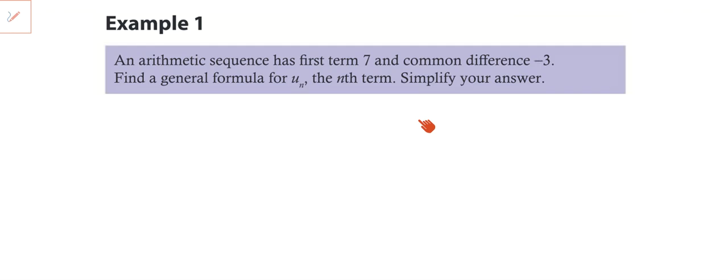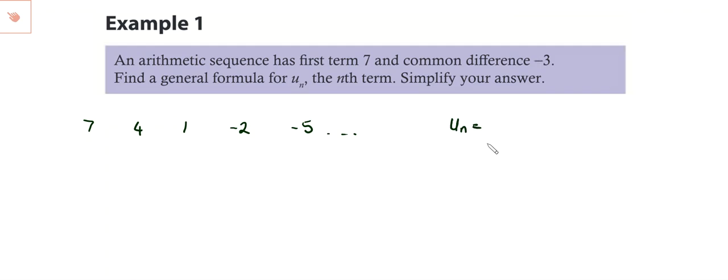Good. Now we have got a choice. We could, if we wanted to, just say, if the first term is 7 and it goes down by 3, what are the next terms? It would be 4, 1, -2, -5, and so on. Could you give me the general rule for that?